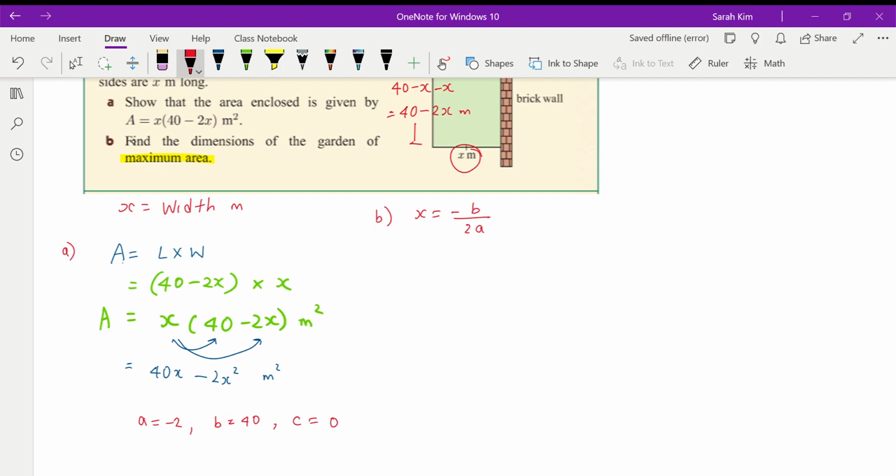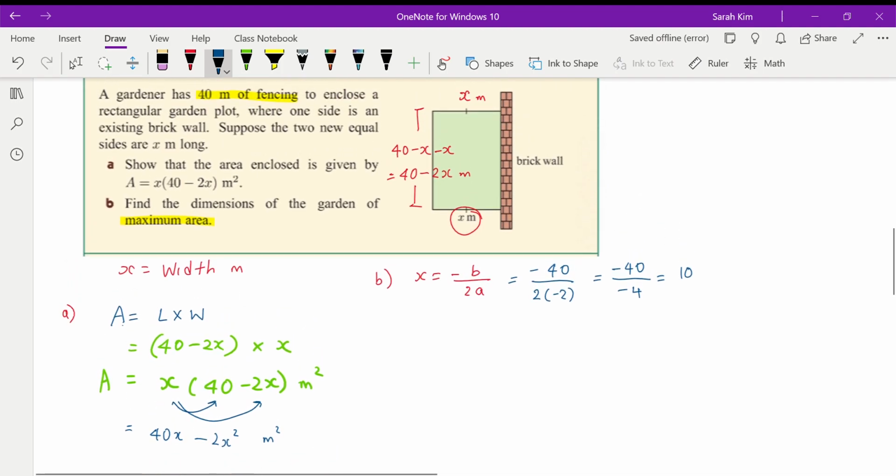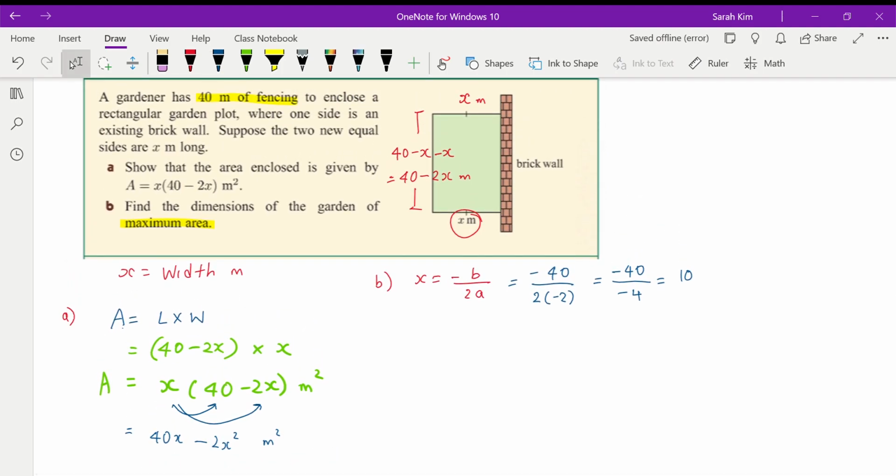C is 0, and then tuck it in here, negative b, so I get 10. Okay, so my x is 10, so I just need to find the y. Do I even need to find the y? Not really. I guess I just need to find the dimensions.